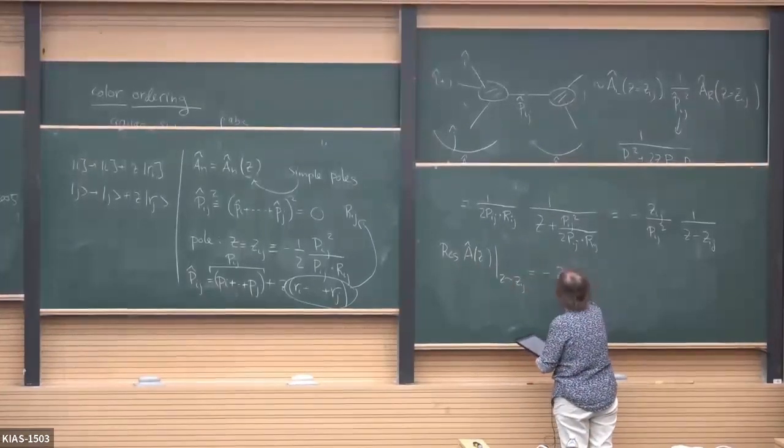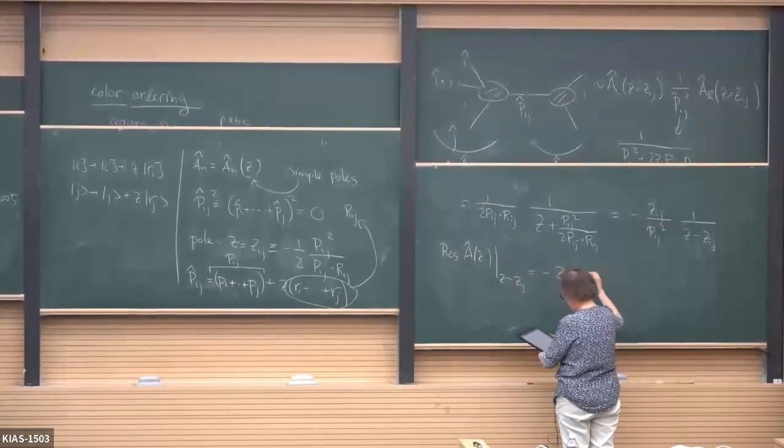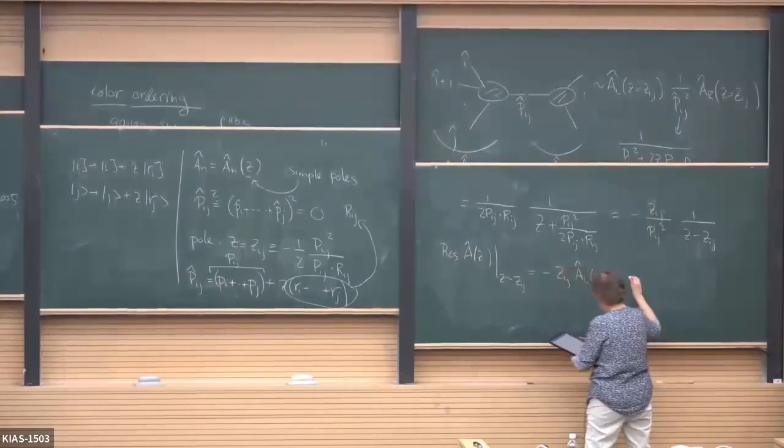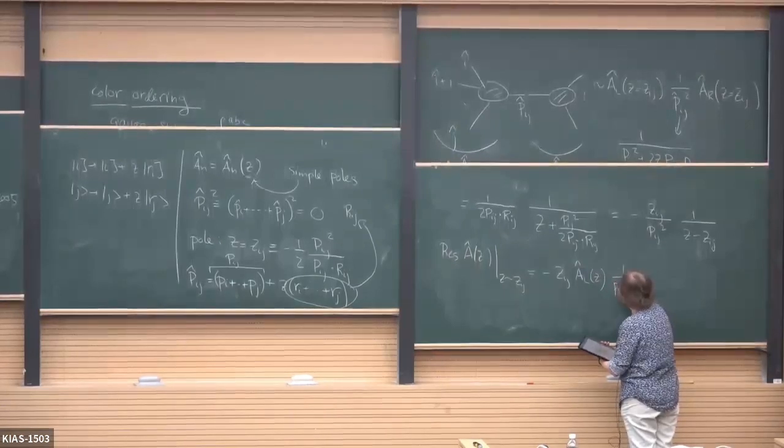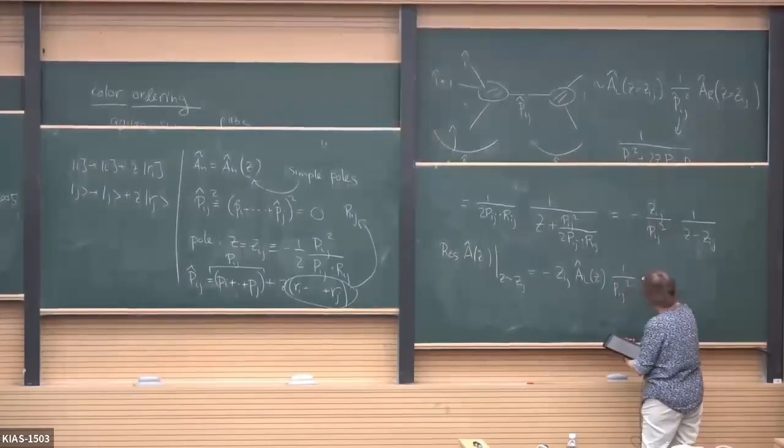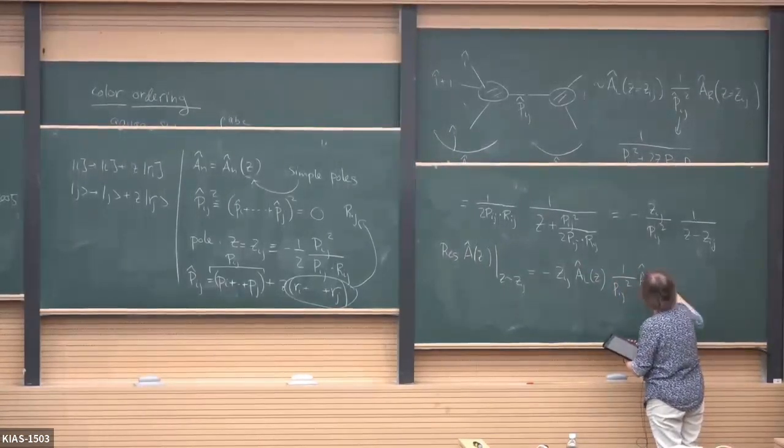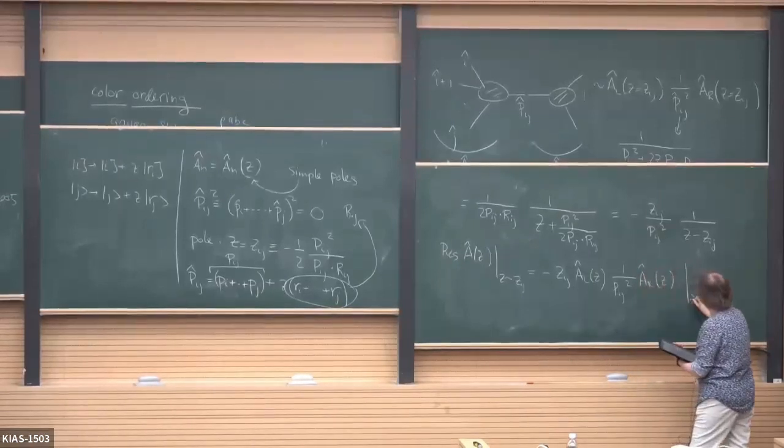It's minus Zij times Al hat z times 1 over Pij squared Ar at z equals Zij.